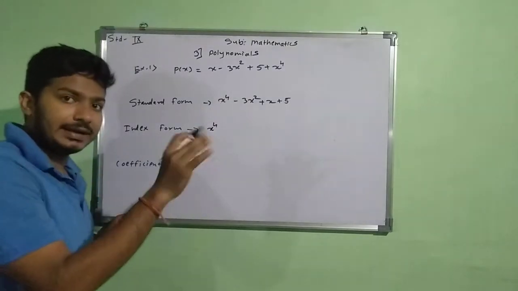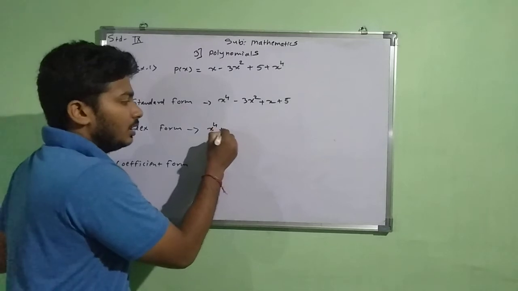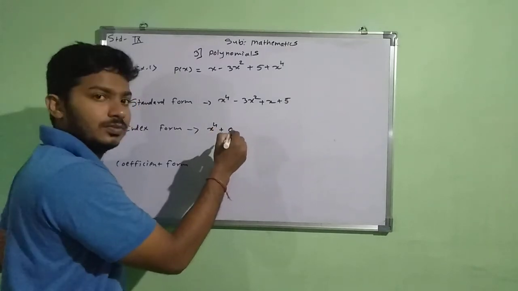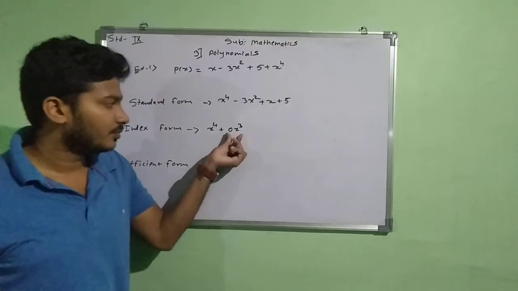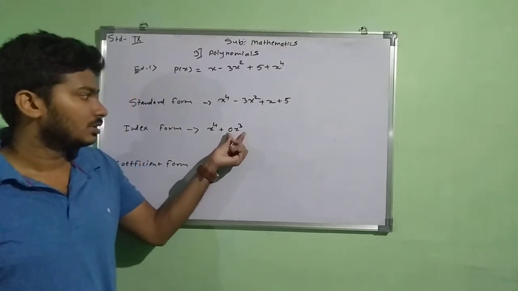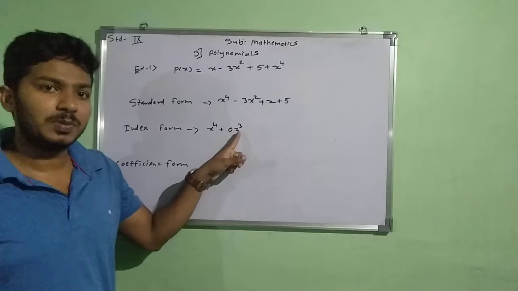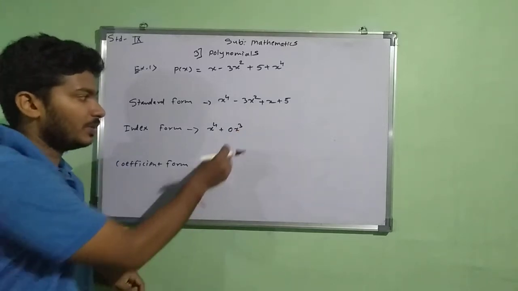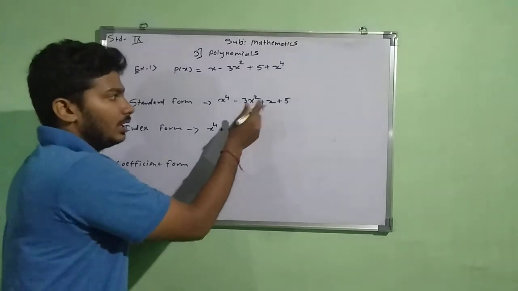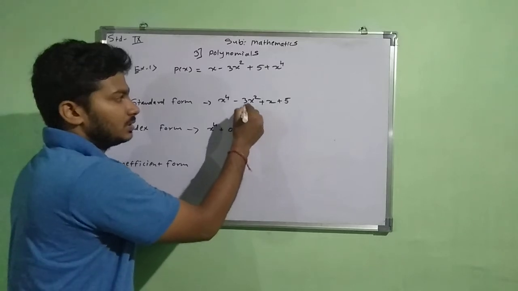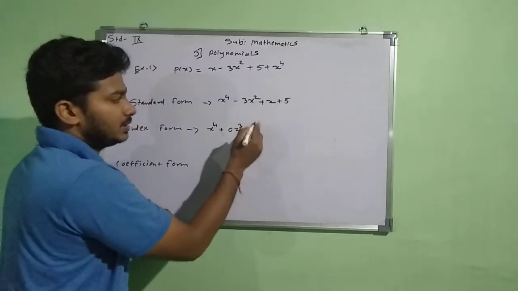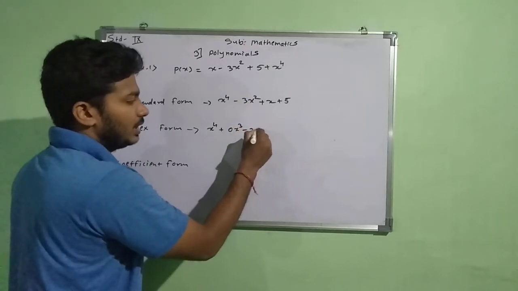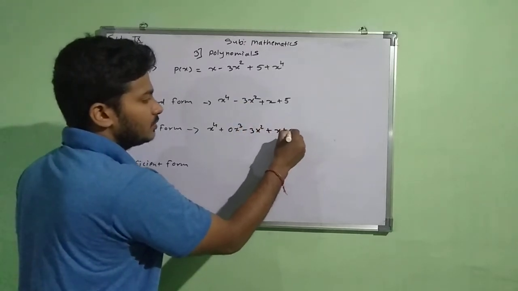Now it should be with 0x cube, the term with the variable with power 3. Now we have mentioned that term, and all the terms, that means the term with power 2, that means minus 3x square, will come, plus x plus 5.